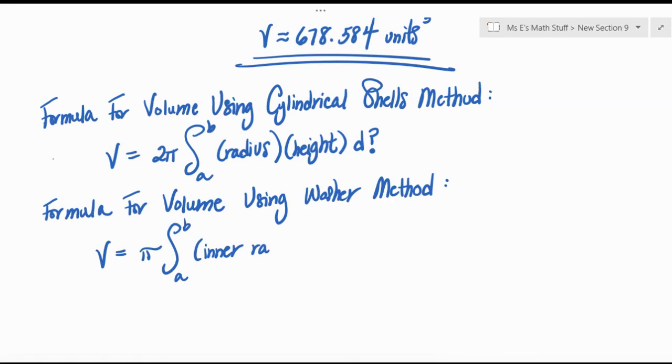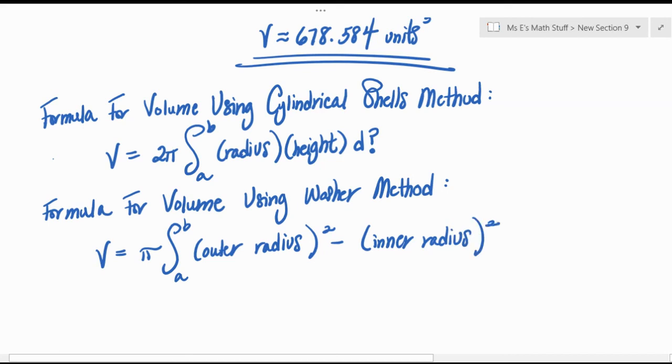So, oops, let's remember the right words though, shall we? Outer radius squared minus inner radius squared with respect to appropriate variable.